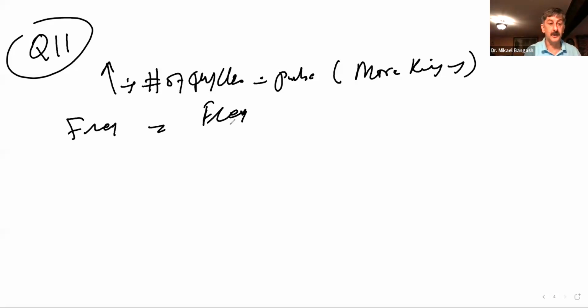Now we can say frequency remains the same. That means indirectly that wavelength remains the same. When we increase the number of cycles in a pulse, that will mean more ringing.